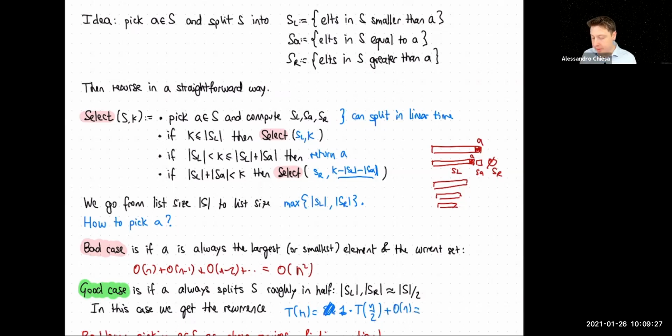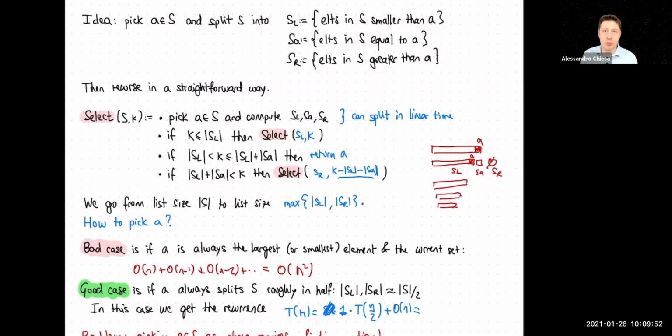So this recurrence, if we had it, it would work out to be what? I mean, it's a geometric series, right? It's like n plus n over 2 plus n over 4 and so on, right?